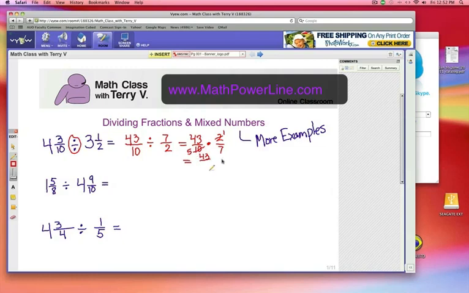Now, of course, we have an improper fraction there, and since we're done with the dividing part, let's go ahead and simplify it back to a mixed number. How many times does 35 go into 43? Once. That's my whole number. What's the remainder? Well, 35 and 43 are 8 apart. So there's my numerator of my answer. 1 and 8 35ths. Alright, so there's my final answer.